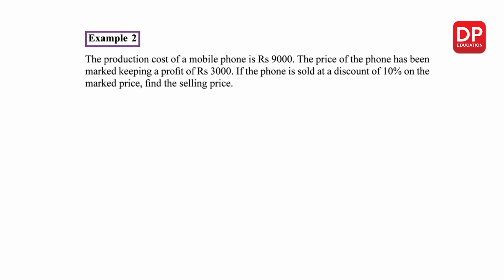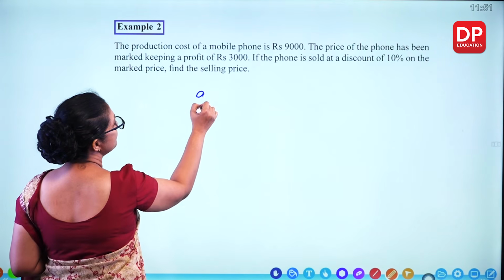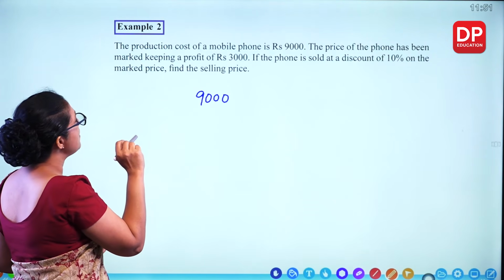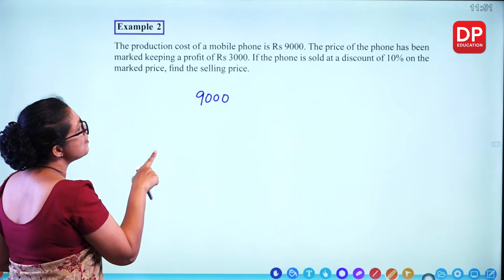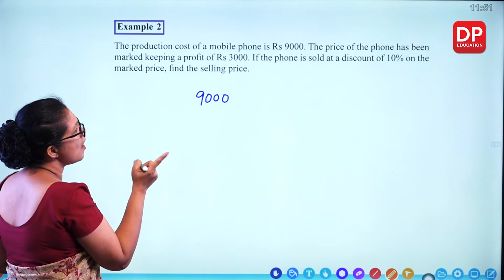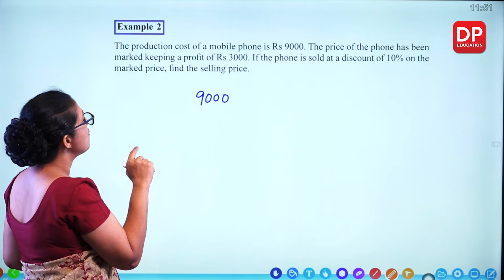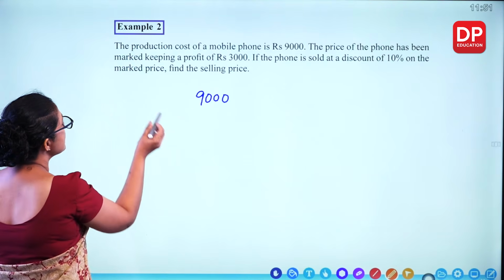Example number 2. The production cost of a mobile phone is 9,000. The price of the phone has been marked keeping a profit of 3,000. If the phone is sold at a discount of 10% on the marked price, find the selling price. So what's the marked price?